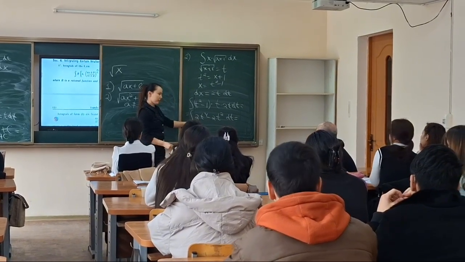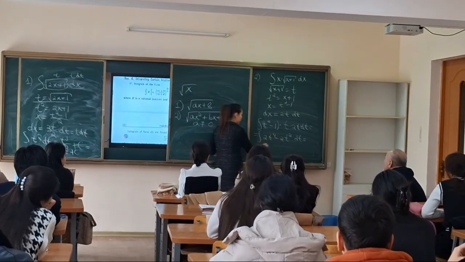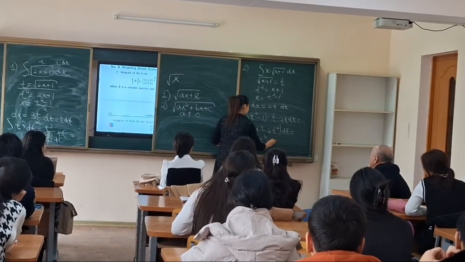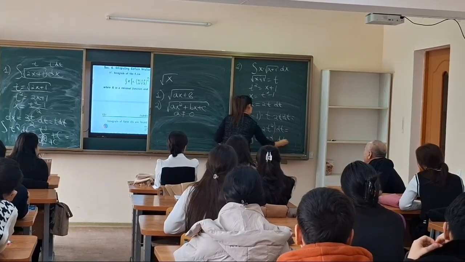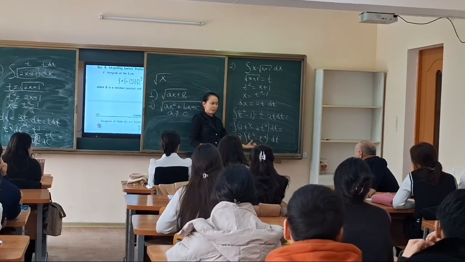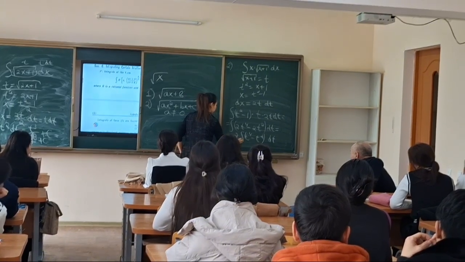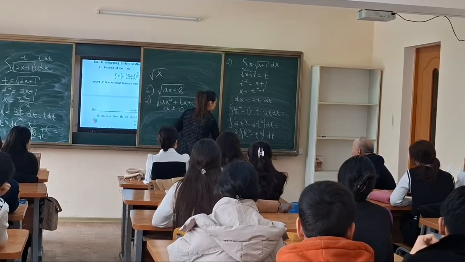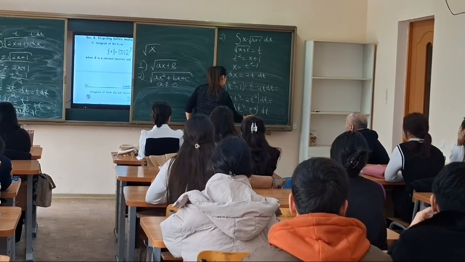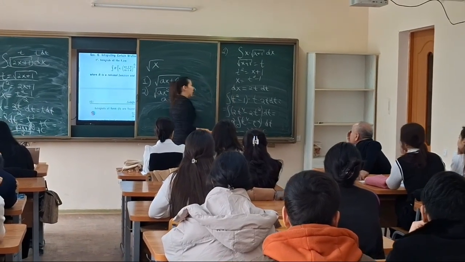That's why we take out of the integral 2. And we should integrate term by term: t to the power 5 over 5 minus 2t to the power 3 over 3, plus c, and we substitute back.